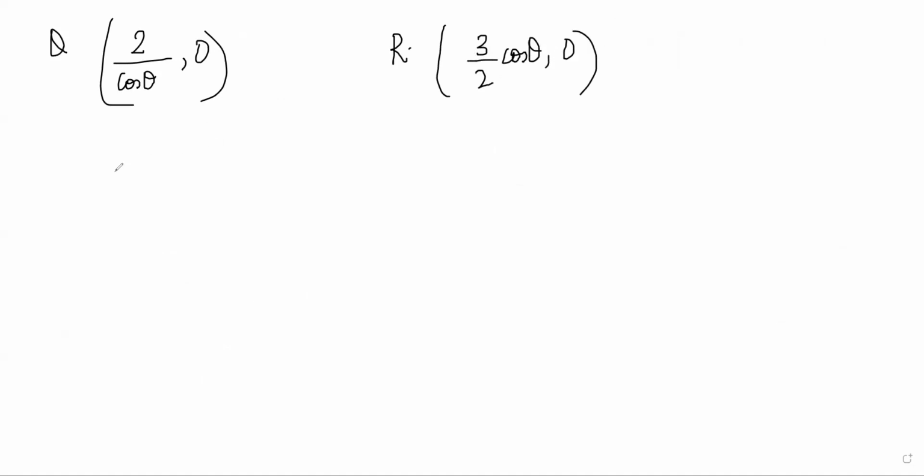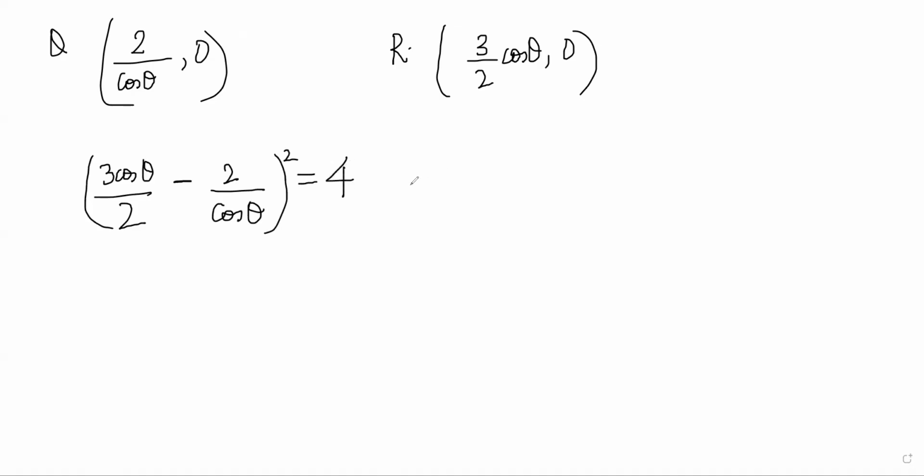So the distance between them is 2. So you can say 3 cos theta by 2 minus 2 by cos theta, whole square should be 4. And after simplifying, this equation will look like this: 9 cos power 4 theta minus 40 cos square theta plus 16 is equal to 0.